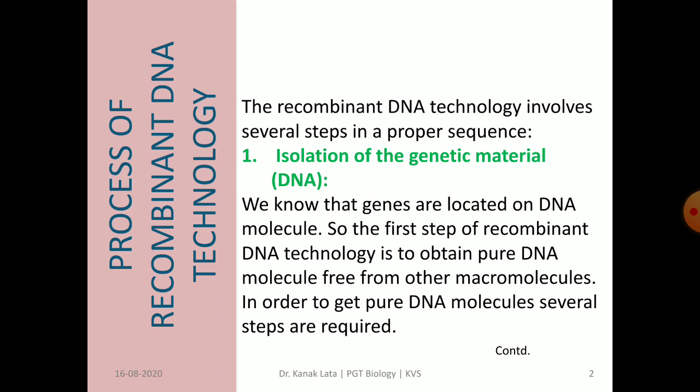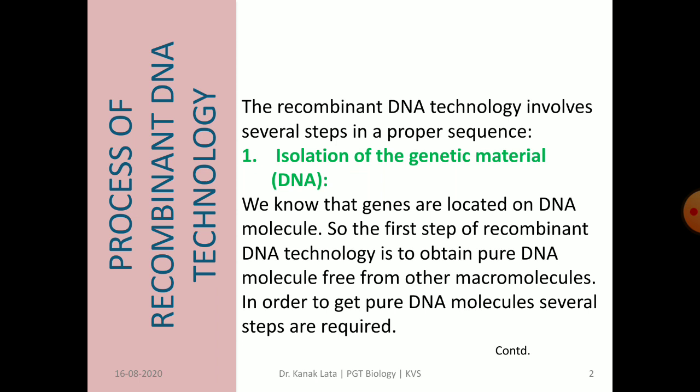As we know, nucleic acid, either DNA or RNA, is the genetic material of all organisms, but in most cases it is DNA. We also know that genes are located on the DNA molecule.